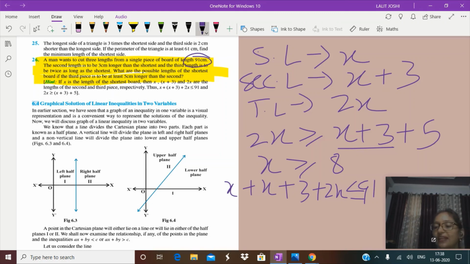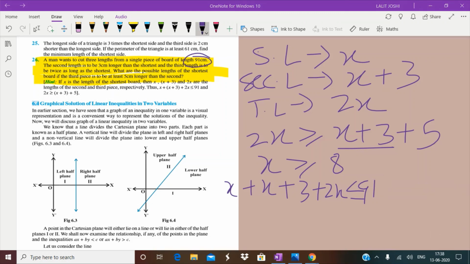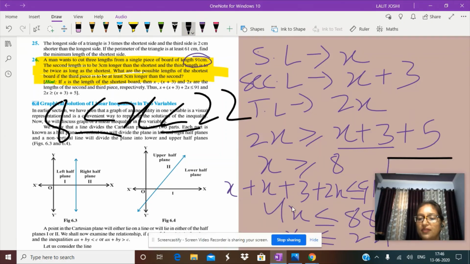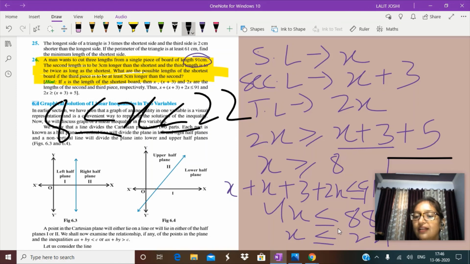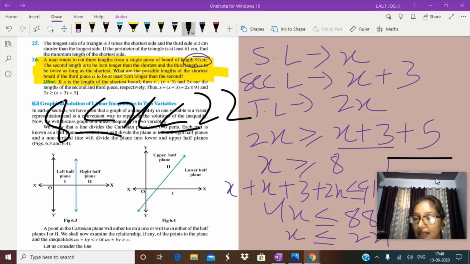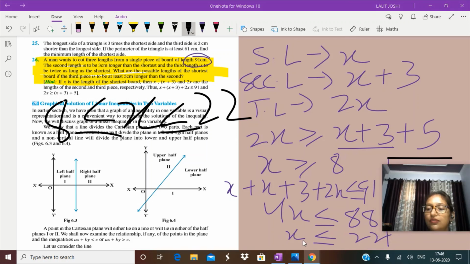So this is 91, right? So what we observe over here, if I sum up, I'll just get x plus 2x as 4x. This is less than or equal to 91 minus 3 will be 88. So x is less than or equal to 22, right?